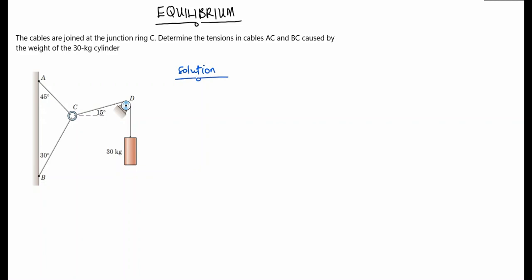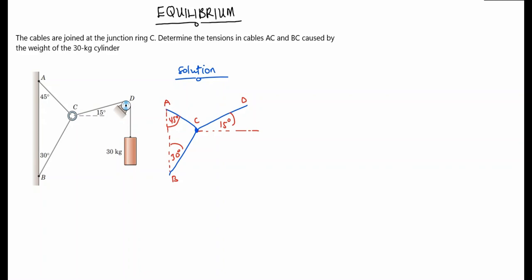Let me go ahead and draw the free body diagram. So this will be my free body diagram.